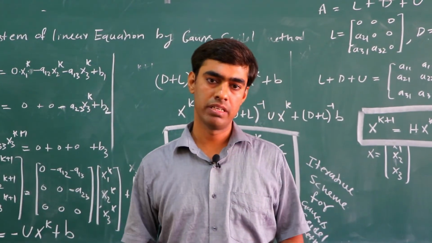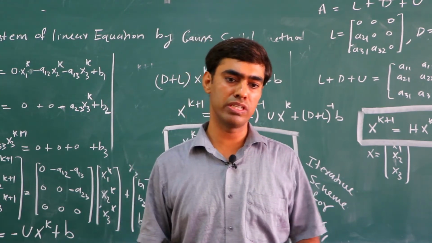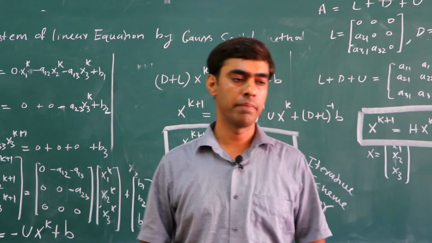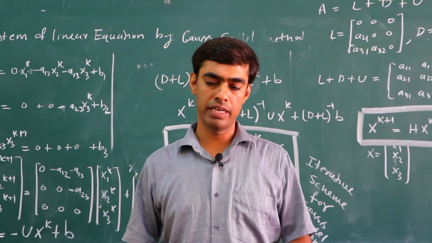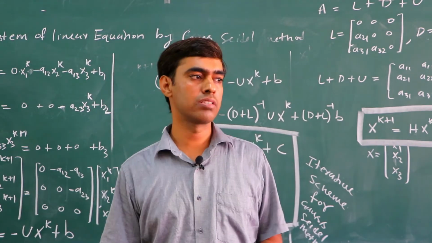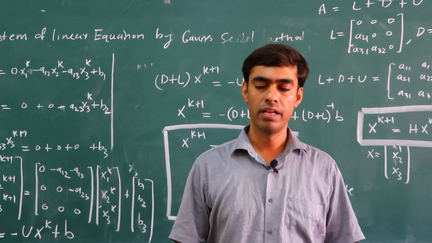In general, we initialize the values x10, x20, x30, then we find x11, x21, x31 with the help of the initial values, that is x1 k plus 1, x2 k plus 1, x3 k plus 1.